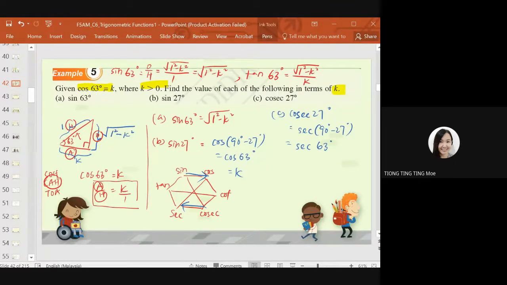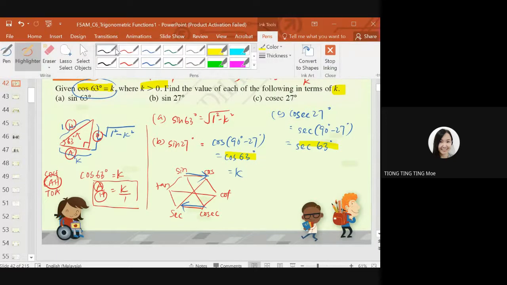If the question gives you the value for 63 degree, you have to change everything into 63 degree first, then you can find the answer.